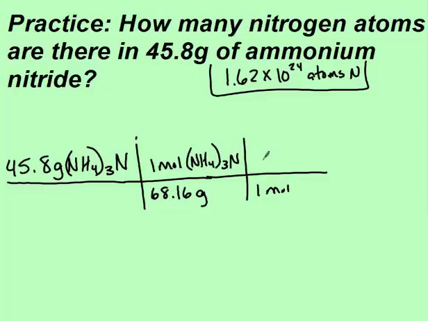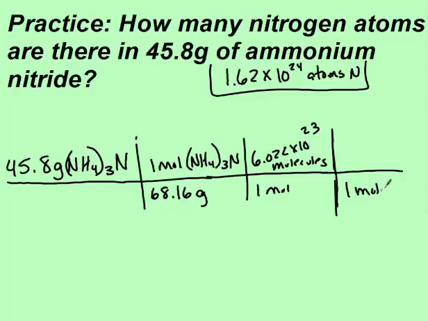And every 1 mole is 6.022 times 10 to the 23rd molecules. Because again, we are dealing with a molecule. So for every 1 molecule of ammonium nitride, you should have had 4 atoms of nitrogen.